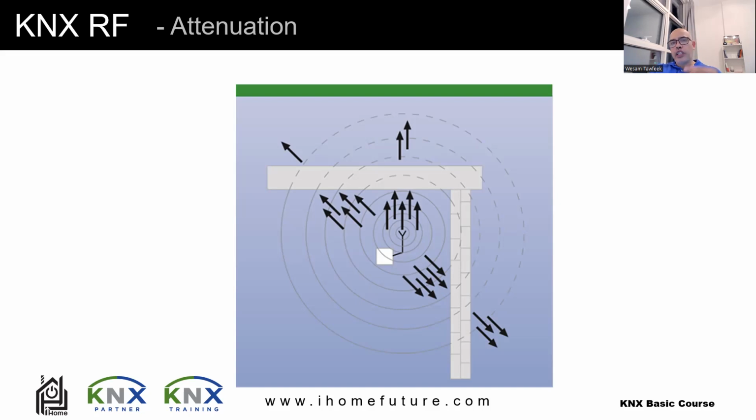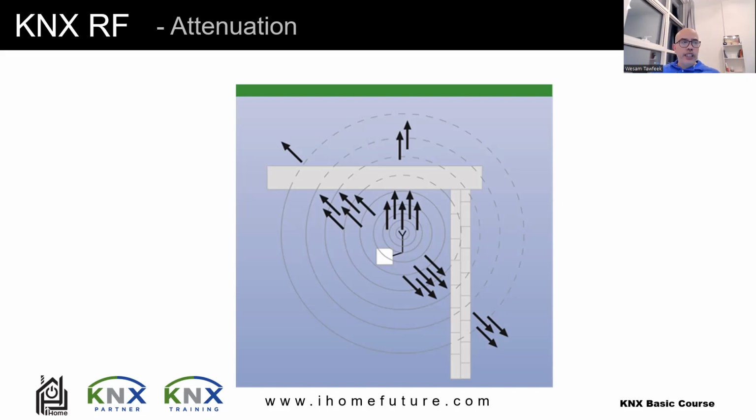Let's say a concrete with a thickness of 4 millimeters will affect the signal by, let's say, an attenuation of 20 or 30%. But if the thickness of the wall is 1 centimeter, meaning 10 millimeters, then the signal will be more weakened after passing it. Also the direction, so the angle of the signal.